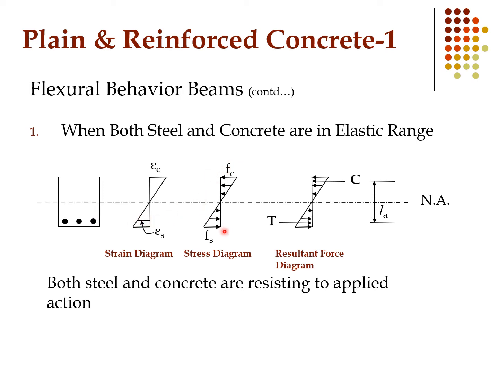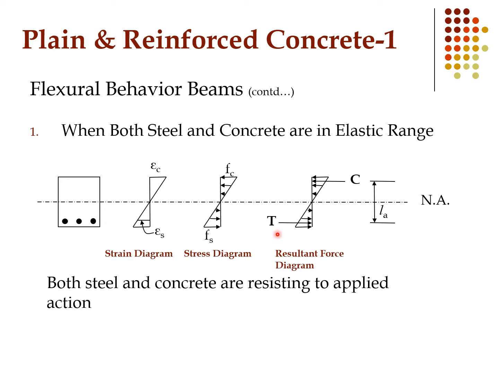Then we have the stress diagram, something like that. Stress at the top is Fc and stress at the steel level is Fs. Now we need to draw the resultant force diagram. So we have C, which is the internal resistive compressive force, and capital T, which is the internal resistive tensile force.